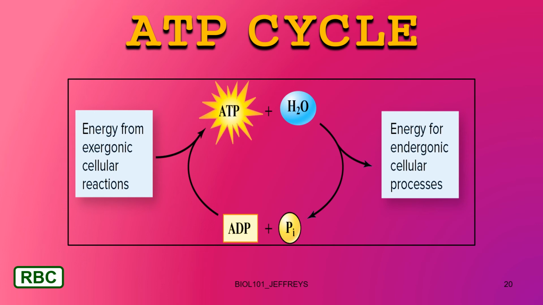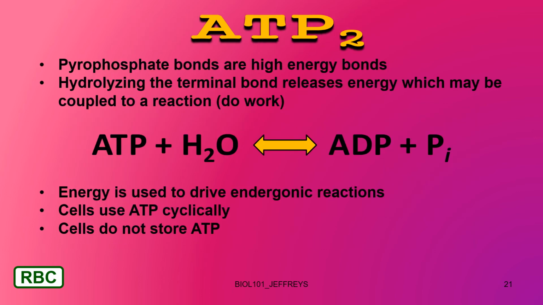We don't make a lot at one time. We don't store a lot at one time, but we always have this cycle going on. So we're always conserving energy, right? We break it down, we use it, put it back together. We have this cycle going on all the time. All right, so the pyrophosphate bonds are high energy bonds.